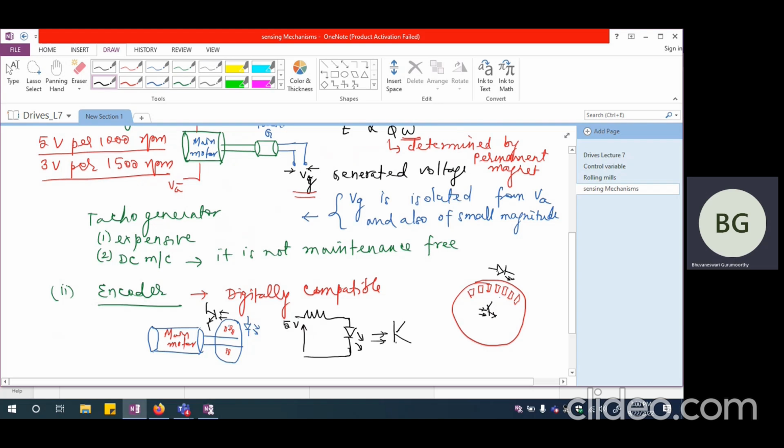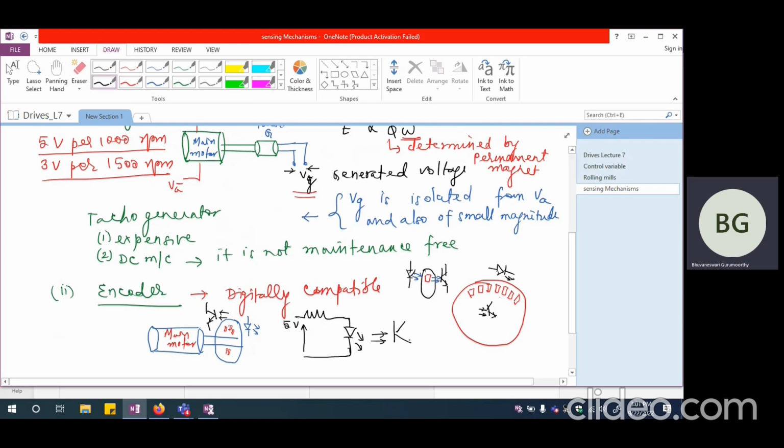This light will fall on the phototransistor's base if the hole is exactly intervening between the LED and the phototransistor. So if a hole is intervening between these two, the LED's light is going to fall on the phototransistor through this hole.